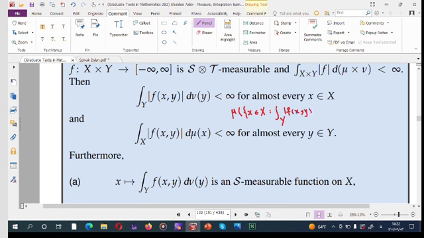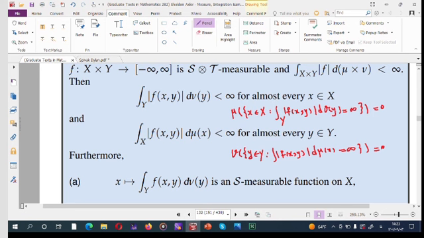d mu y equal to infinity, equal to 0. Mu of this set, the set of all x such that this integral be infinite, not finite, must be equal to 0, and also the other one: nu of the set of all y in Y such that this integral of f(x,y) d mu x be infinite equals 0.